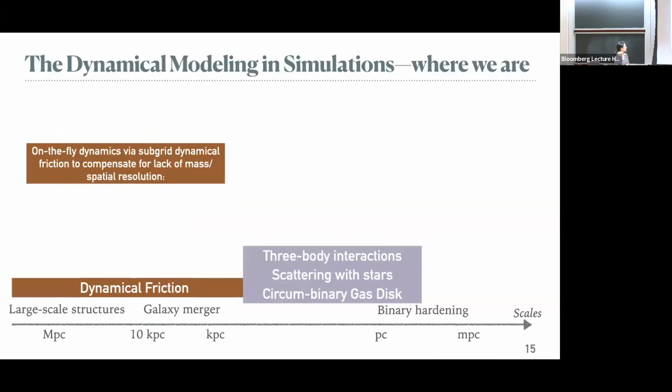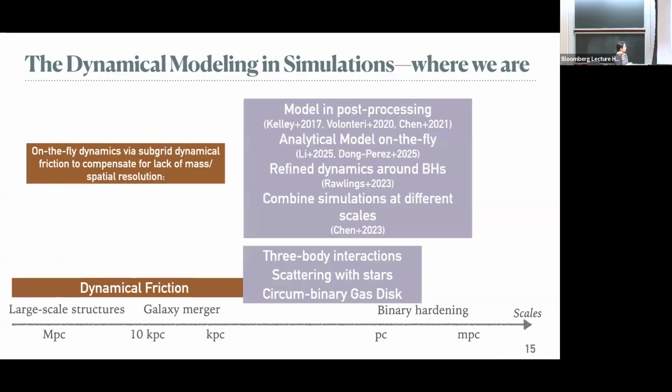So I talked about the scales which we can comfortably resolve in cosmological simulation, but then there are all these other interactions on scales which cosmological simulations cannot really see. So if you want to model all these interactions, what can you do?